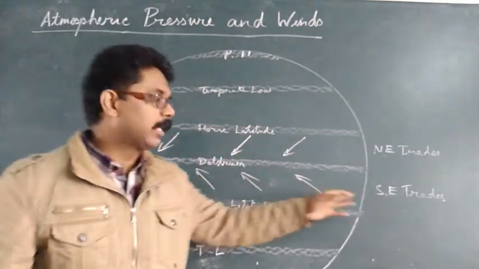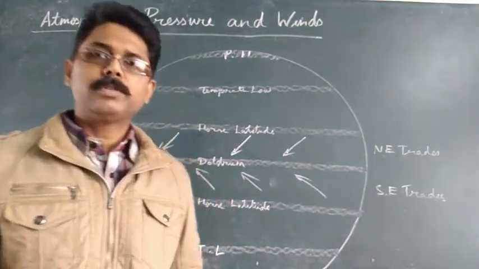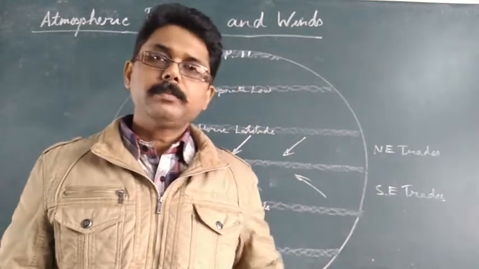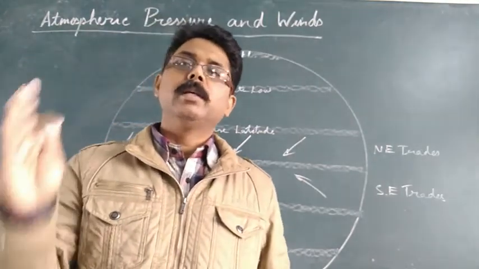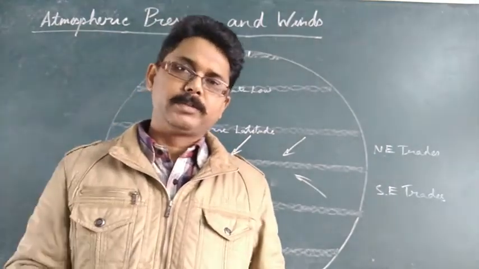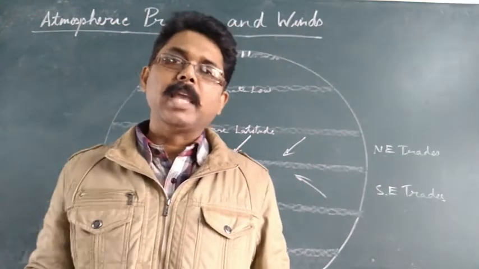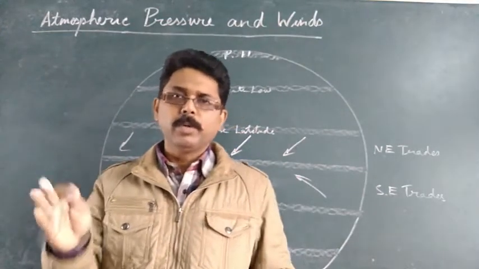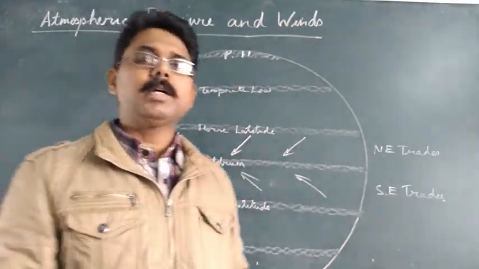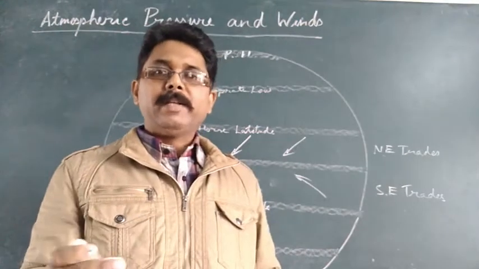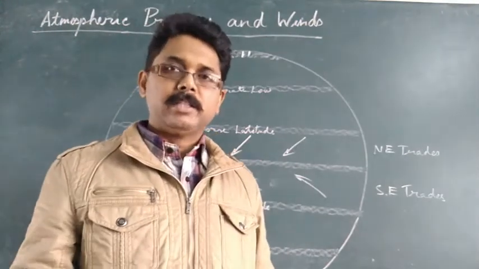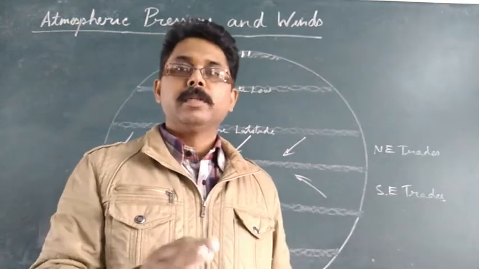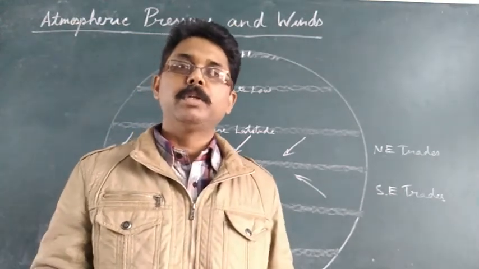Now why are these winds called trade winds? Because in the medieval period, as you know, ships were moved with the help of the winds, and they had big sails and moved in the direction in which the wind was blowing. During the 17th and 18th century, even till the 19th century, a large number of people migrated from Europe to America.